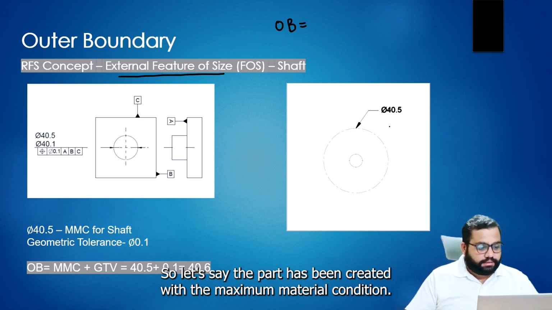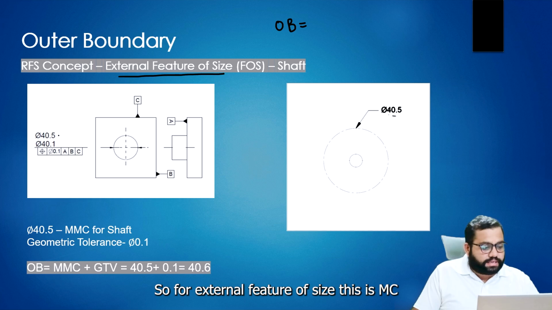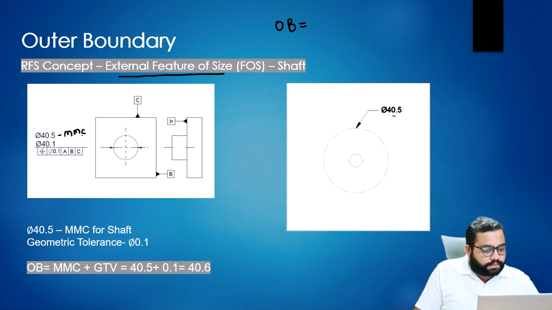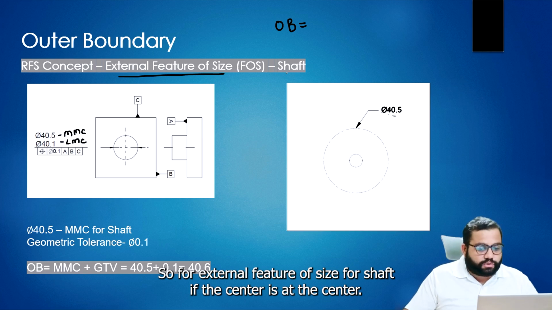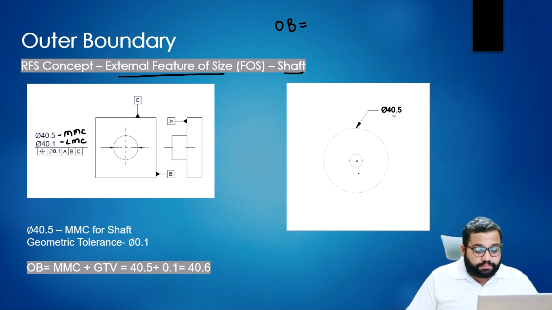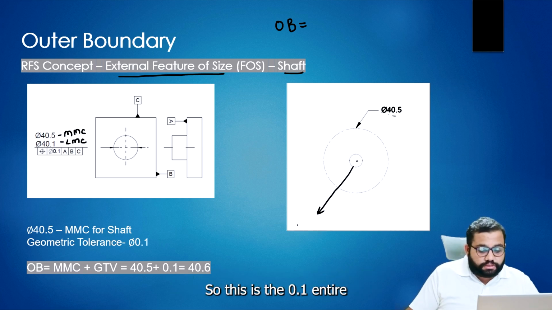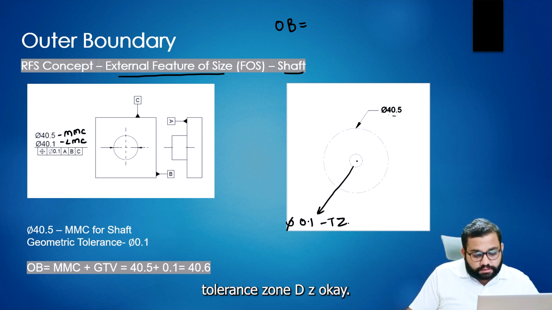Let's say the part is created at maximum material condition. For an external feature of size, for the shaft, this is MMC and this is LMC. If the center is at center, this is the 0.1 diameter tolerance zone, TZ.